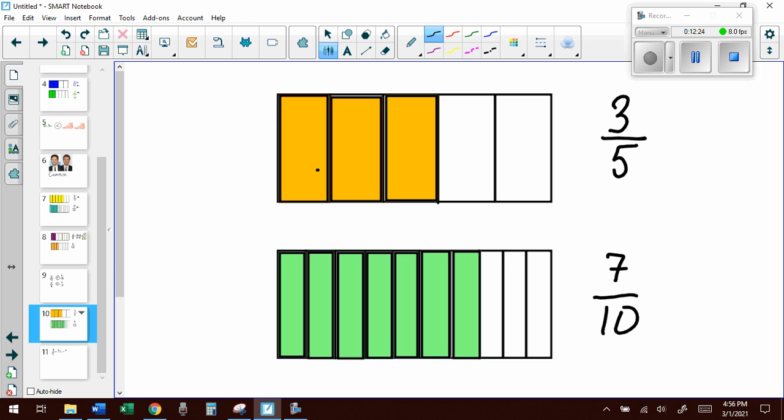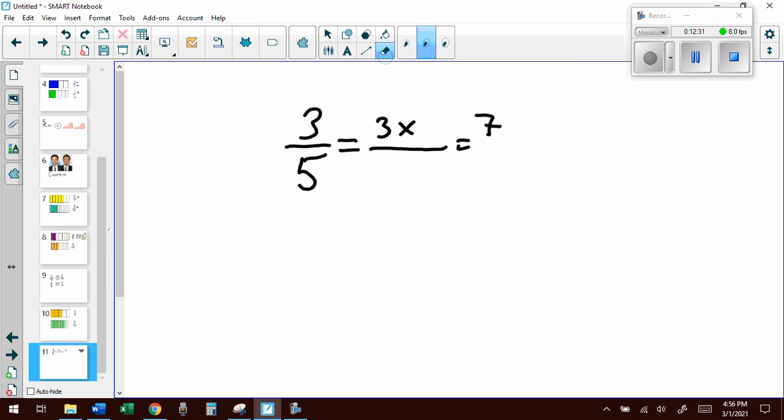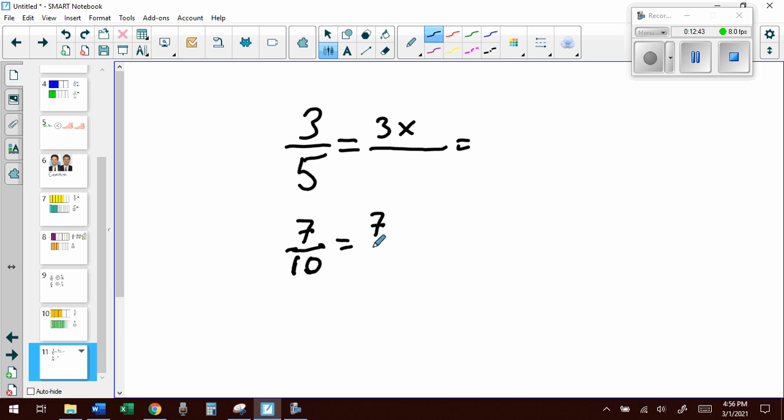So now we look at it again. Some other things. I know I wouldn't have to equal 7, but based on what I know about my basic facts, I know that I can take 7 times something, and 7 and 3 have a multiple in common. 3 times 7 is 21, and 7 times 3 is 21.